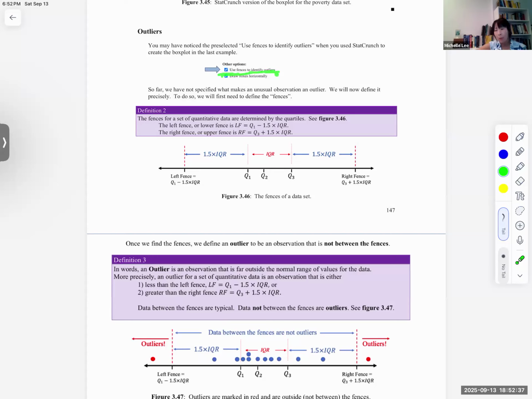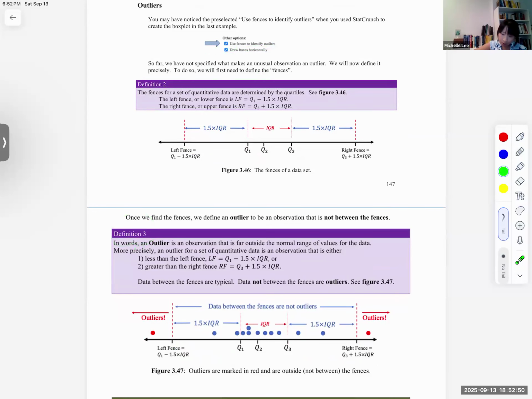But if we want to find out whether there is an outlier or not, we must click this one. So we have a definition first: an outlier is an observation that is far outside the normal range of values for the data, right?